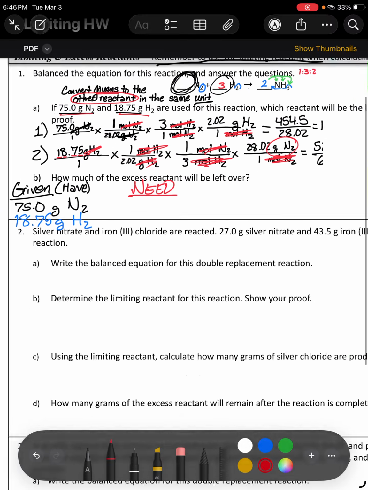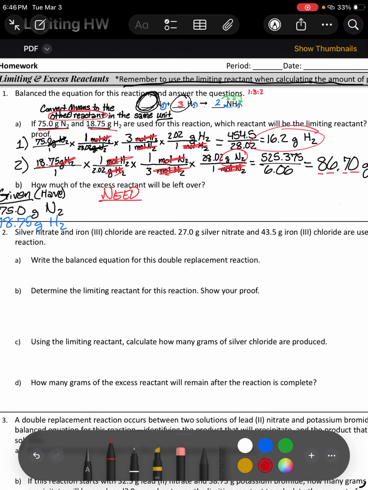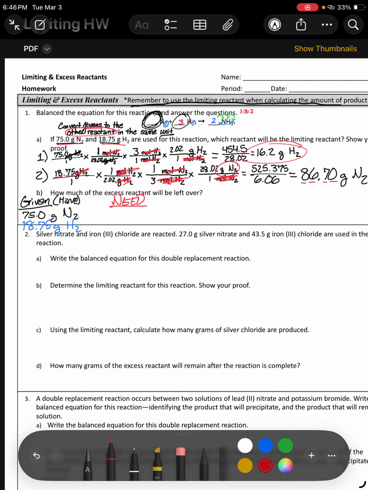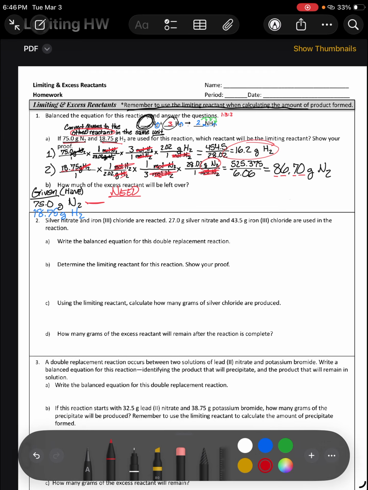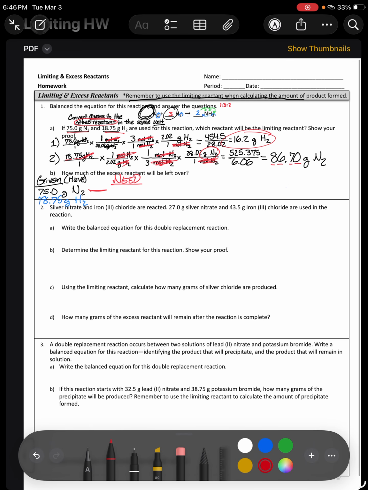We need, according to our calculation, how many grams, or let's do it in order. Let's look at nitrogen first. We need 86.70. That should be a decimal. Of nitrogen. That's what we just calculated. And for hydrogen, we need 16.2 grams.